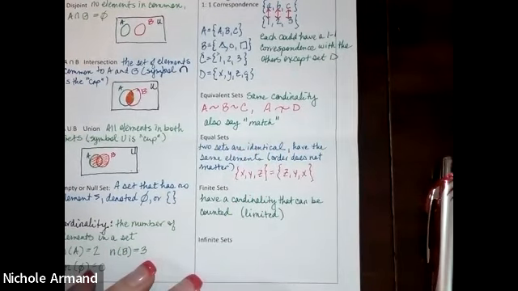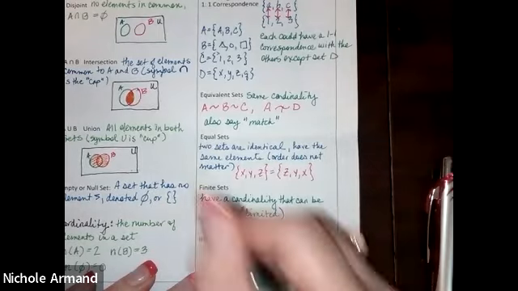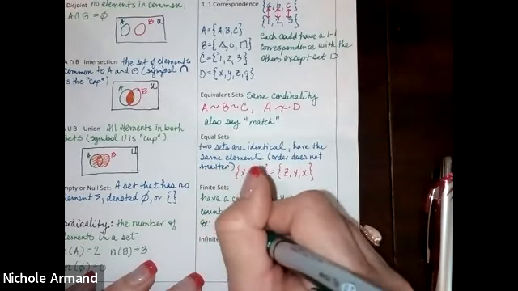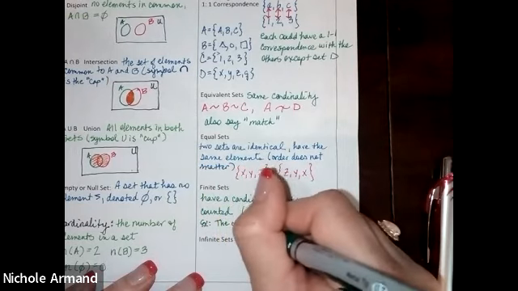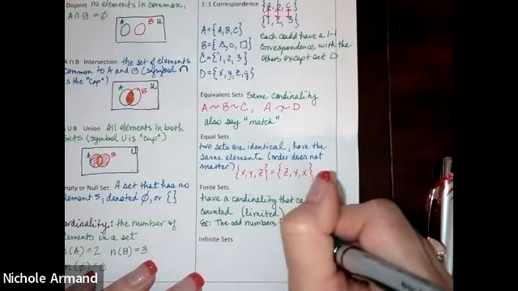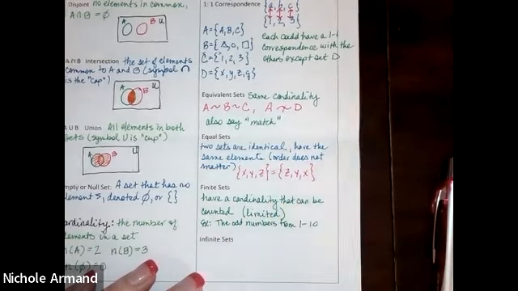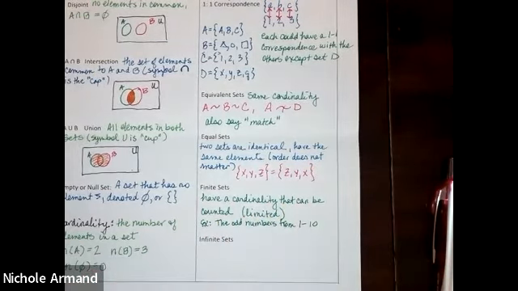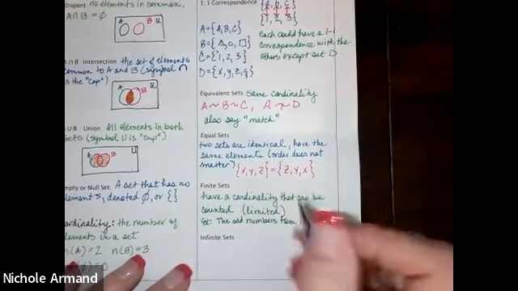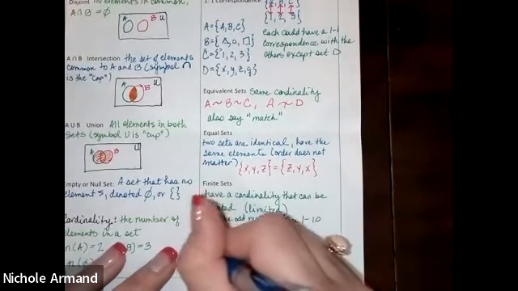So a finite set, an example might be the odd numbers from 1 to 10. That would be a finite set. On the other hand, an infinite set has a cardinality that cannot be counted.